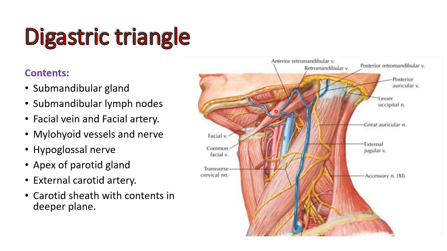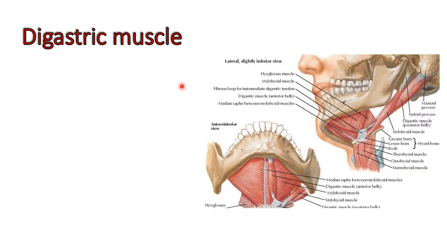So let us try to see in brief about these contents. Before that, let us try to just understand the digastric muscle. It is called digastric because it is made up of two bellies, anterior belly and posterior belly.